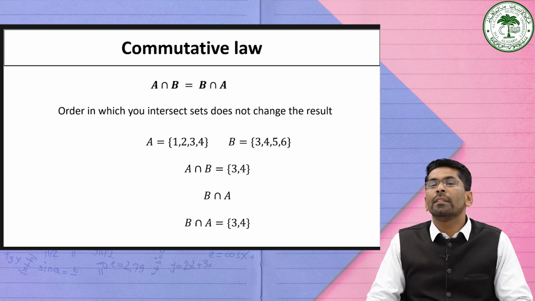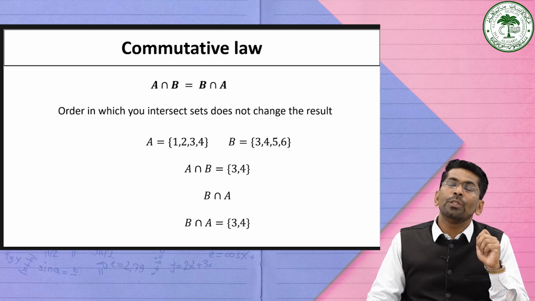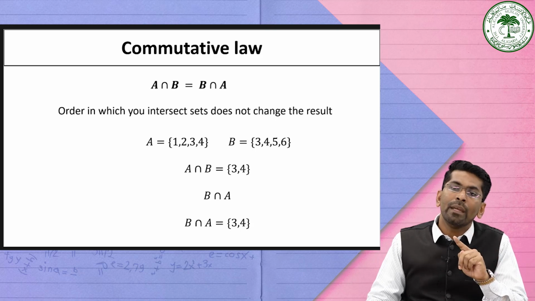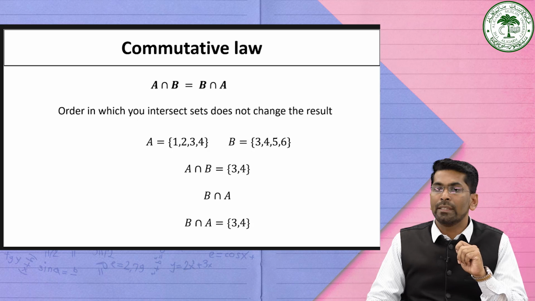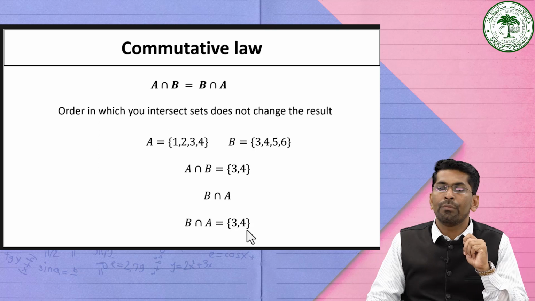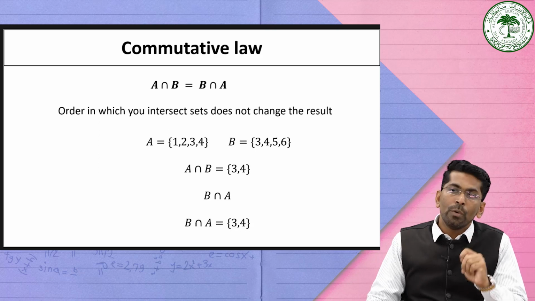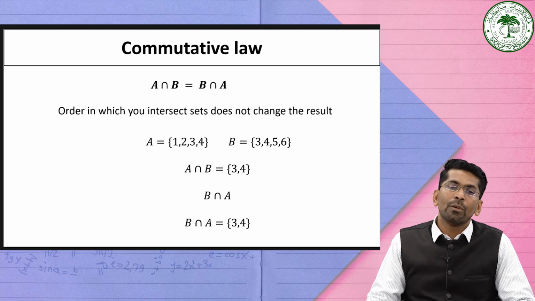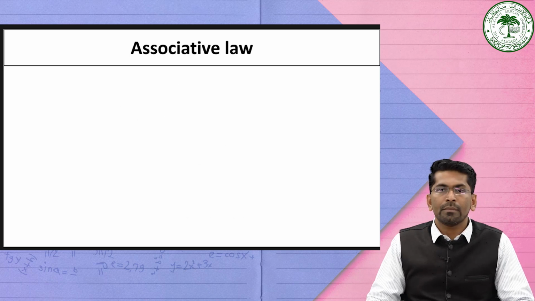So we proved that the order in which you intersect A and B does not affect the result. The result is the same set of common elements: A intersection B is {3, 4} and B intersection A is also {3, 4}. So the commutative property holds in the case of set intersection.